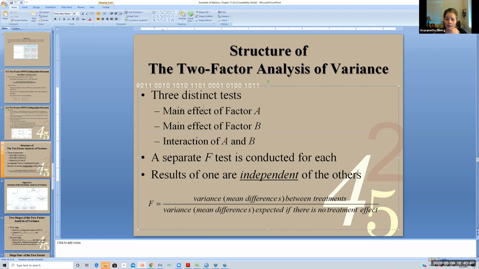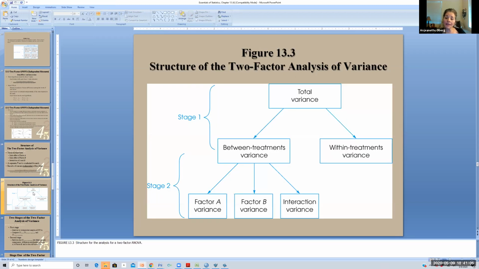Our formula for each of these 3 F-tests is the same pretty much conceptually. We're looking at mean differences between treatments as our numerator, and our denominator is looking at that error variance or that within group variance. So similar to a repeated measures ANOVA, we have to do a second stage.